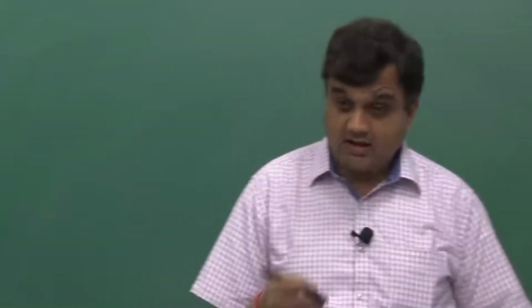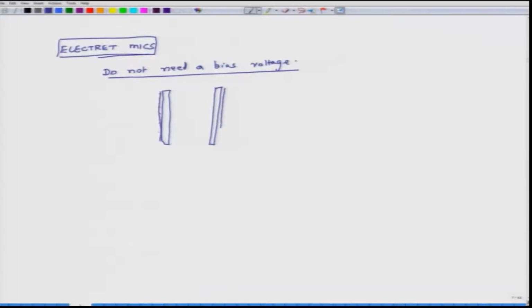Now electrons are frozen, they cannot move, because at high temperature they could move, but now they cannot move anymore. So, they are kind of deposited on the surface. Here you have charge deposited on the surface and you have capacitance. So, you do not need a bias, okay.